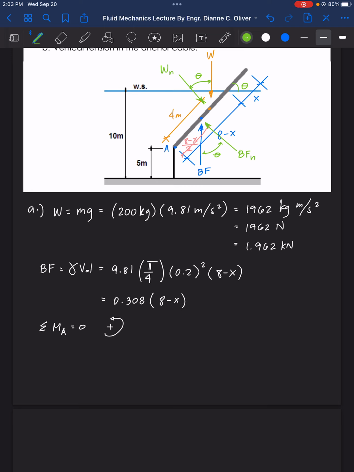Therefore, we have here the force triangle.